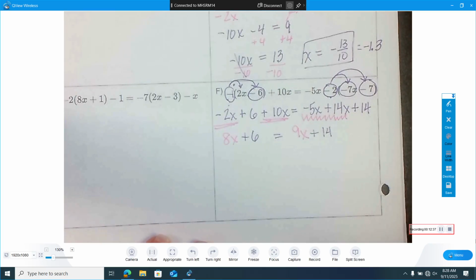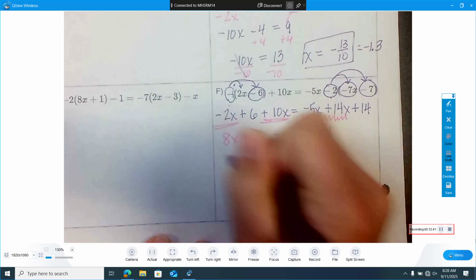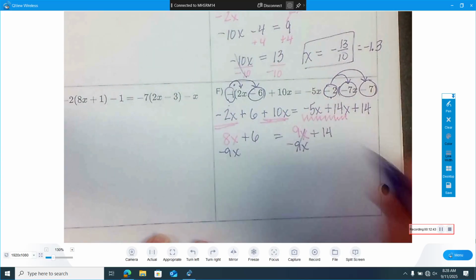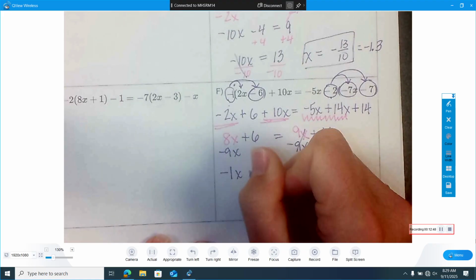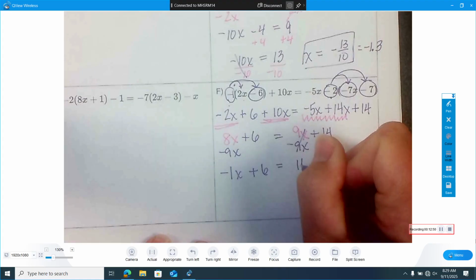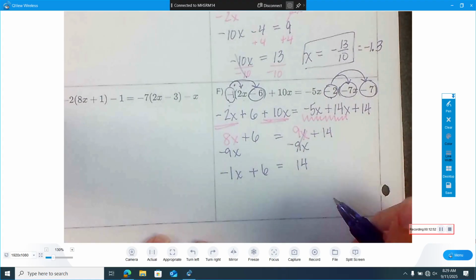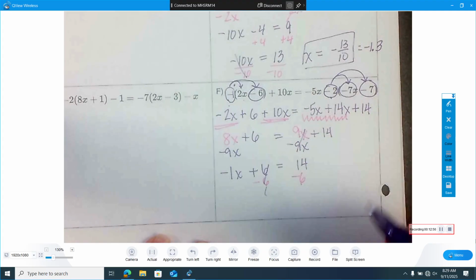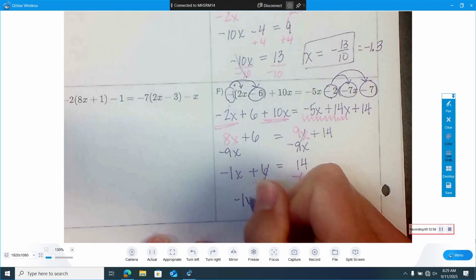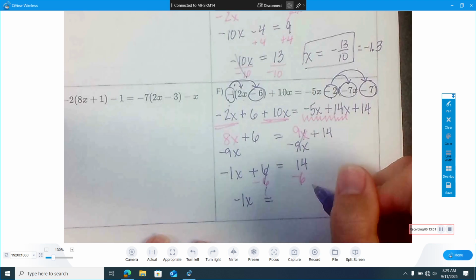Again, I'm going to go letters to the left, even though you might do it a different way. That's okay. I'm going to subtract the 9x to move it to the left-hand side. 8 x's minus 9 x's is -1x. Very good. Plus 6 equals 14. And subtract 6. And again, just so we're clear, I show all my steps, right? That's really important because I'm a teacher.